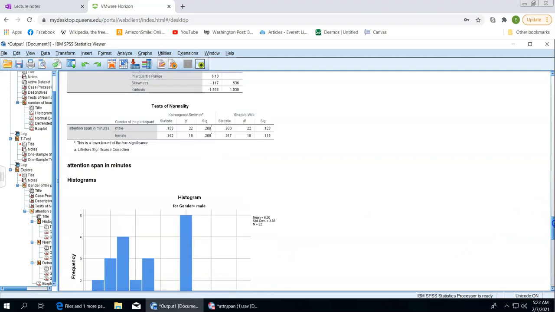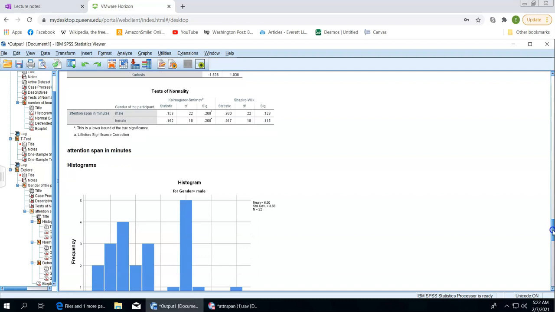It's not too far out. Let's see where the tests of normality point us. Okay, the test of normality, Kolmogorov-Smirnov, for both groups has a p-value of 0.2. So it looks like, according to Kolmogorov-Smirnov, neither one of these groups departs significantly from normality.